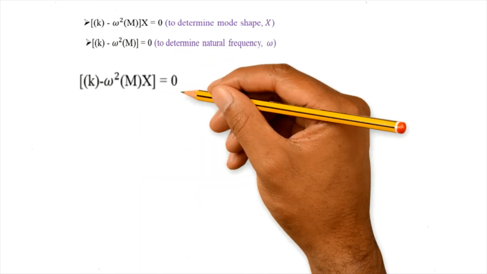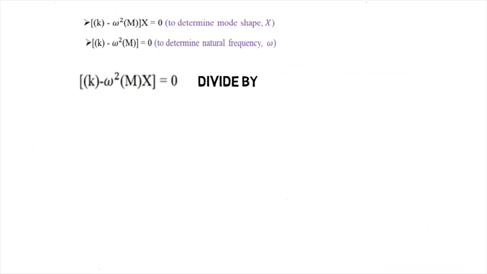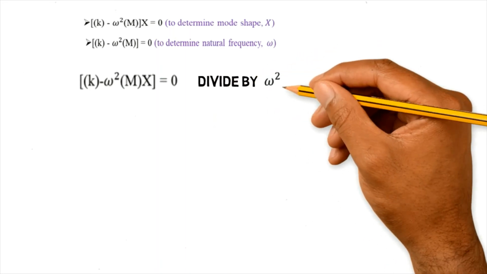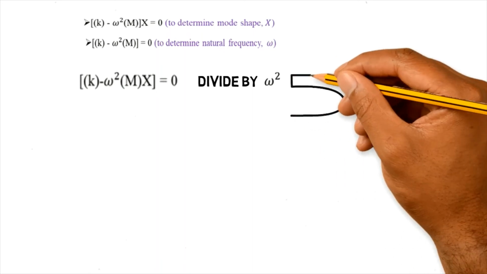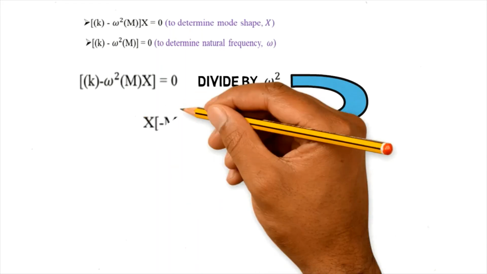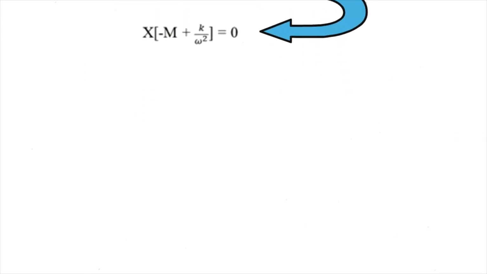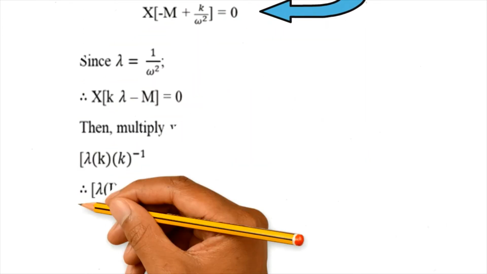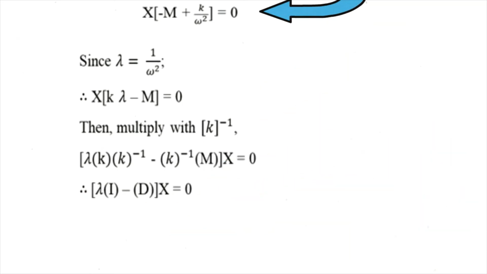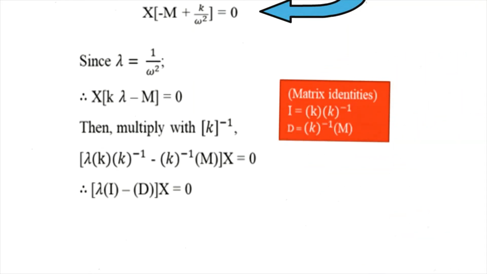The equation of eigenvalue is then rearranged, resulting in bracket k minus omega squared m x equal to 0. The equation is then divided by omega squared. Since lambda equal to 1 over omega squared, the equation becomes x bracket k lambda minus m equals 0.